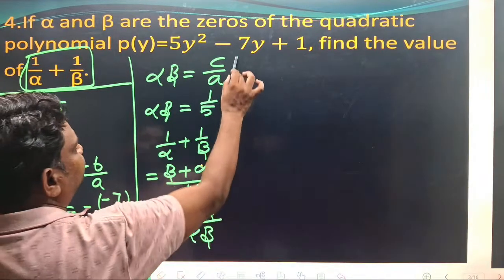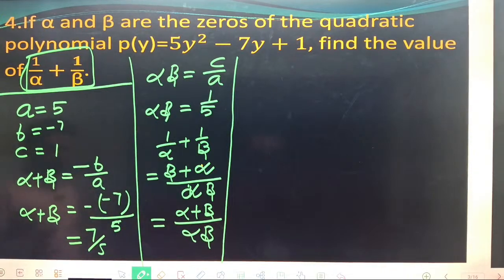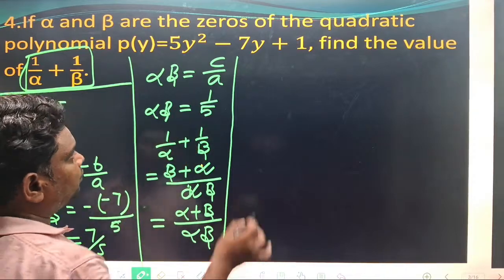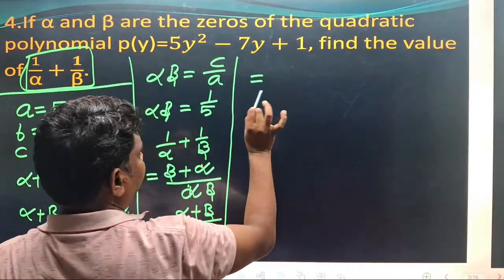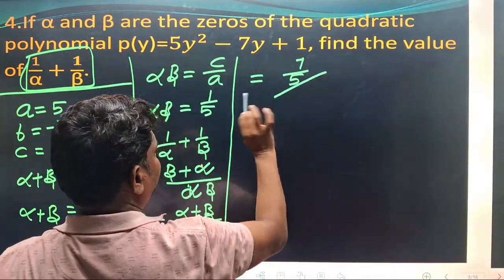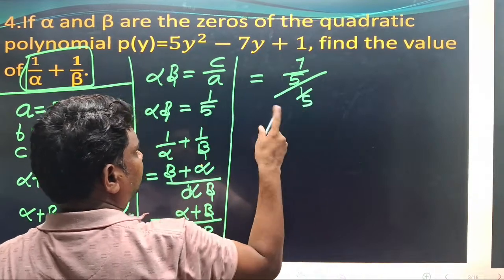Now put the value of the sum of zeros, alpha plus beta, equal to 7 by 5, and the product of zeros equal to 1 upon 5.